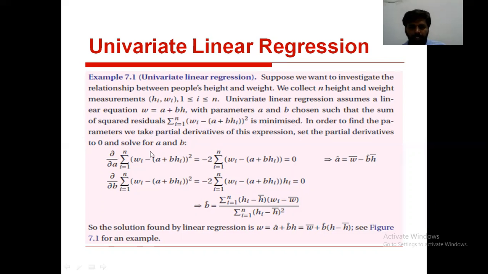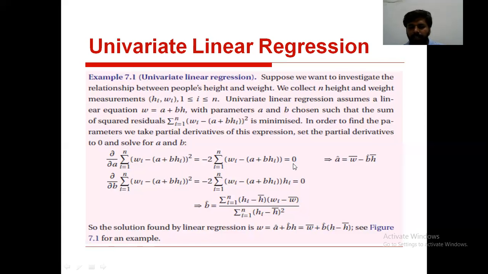Here, initially for this equation, we are identifying the derivative. We are going to calculate the derivative with respect to A, and in the second case, we are calculating the derivative with respect to B. After calculating the derivatives, we will get an equation like this.